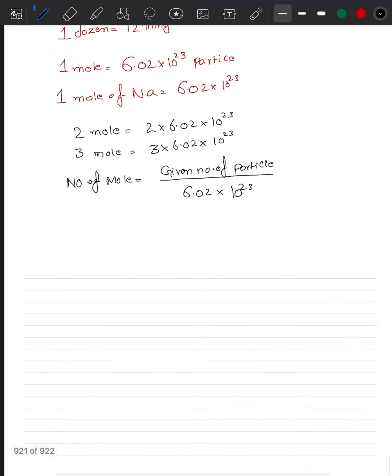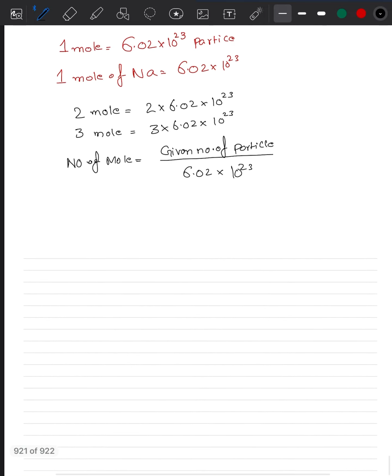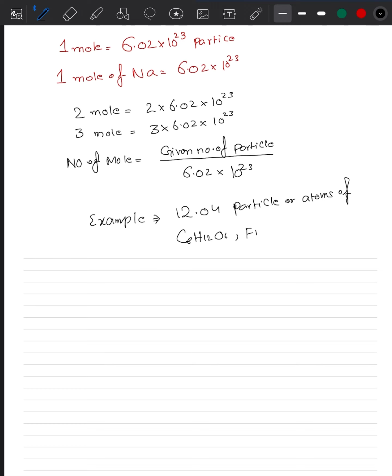Let's say, for example, we have 12.04 × 10^23 particles or atoms of glucose, C6H12O6. Find out its number of moles.